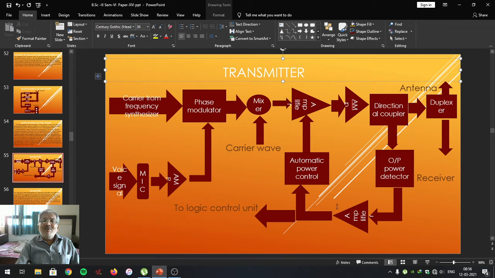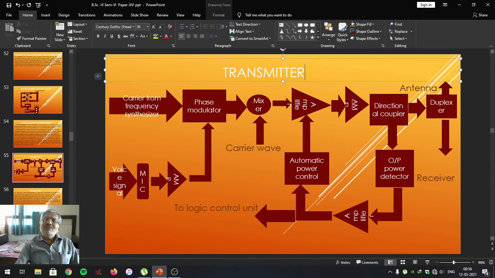This amplified power is used for two purposes. One, it is connected to the logic control unit as we have represented in the block diagram of the cellular phone. And also it is given to the automatic power control block that is used to control the gain of the amplifiers which are used in the transmitter.